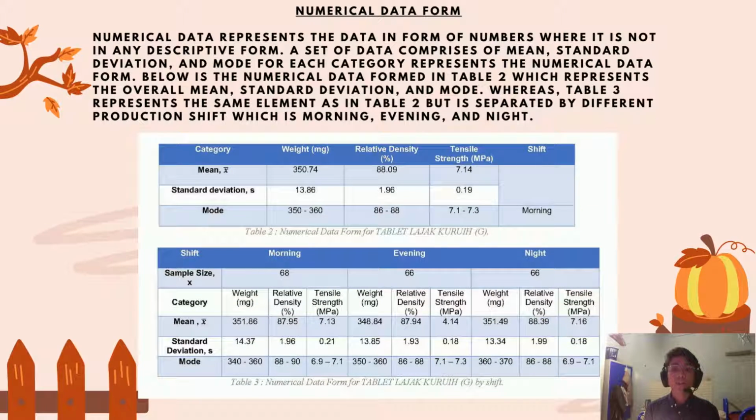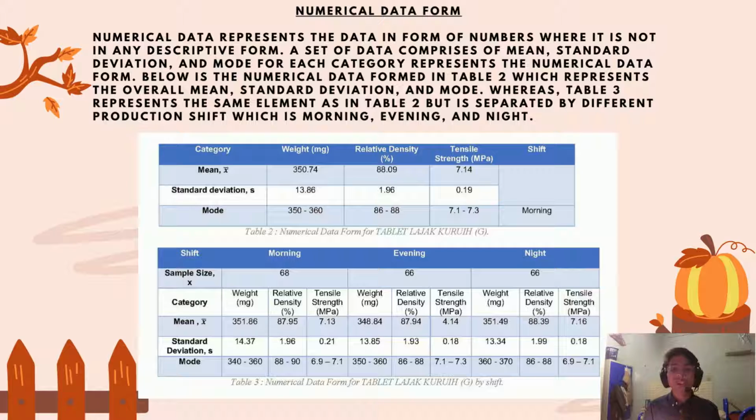The numerical data form represents the data in form of numbers, but it is not in any descriptive form. A set of data comprises mean, standard deviation, and mode for each category represented in the numerical data form. As you can see in table 2, I extracted the data for mean, standard deviation, and mode based on weight, relative density, tensile strength, and also production shift for the overall data.